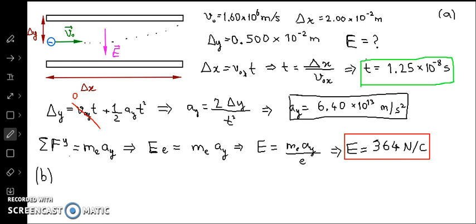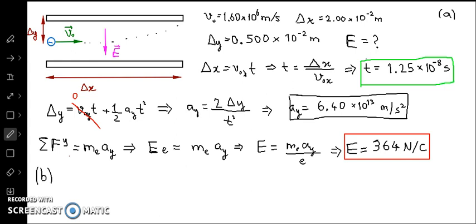So the answer is no, the proton is not going to hit the plate. That's the bottom plate, the direction in which it's moving. So it's going to make a curve, but it's not going to hit the plate by the time it exits the electric field region.